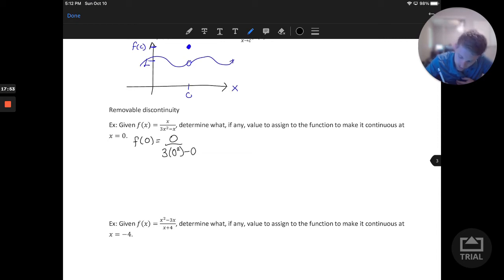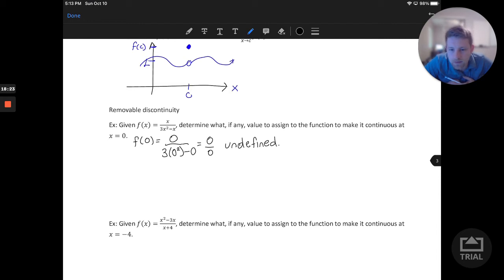So I think we're going to get just a value of 0 over 0, which in fact is undefined. So we are kind of out of luck. We do have something odd going on at this value x equals 0. So let's see if we can go ahead and find a value to define at x equals 0 so that we're going to be continuous.